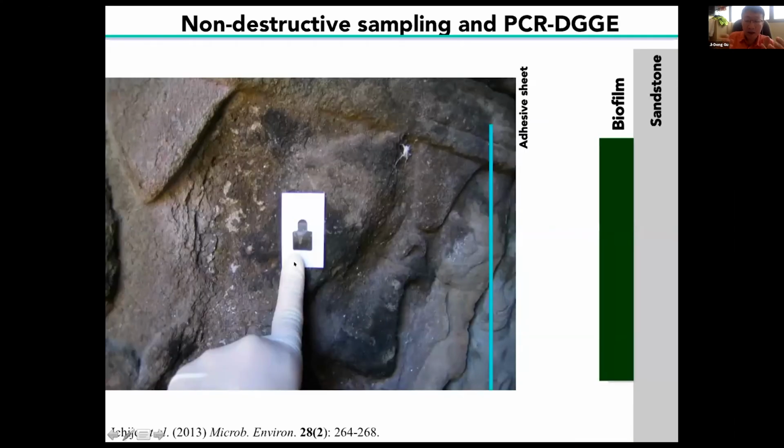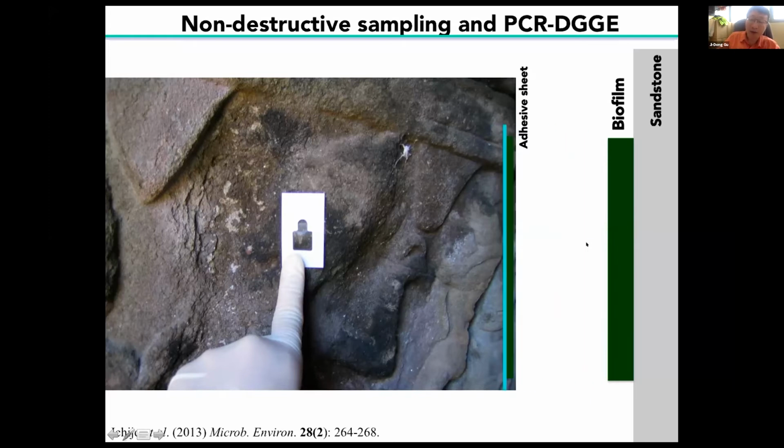So what we can do is open this device, let the adhesive part adhere on the surface of the sandstone, any sandstone. And if you look at the illustration on the right, which is a cross-section of this sampling device, push onto the biofilm, the microorganisms, then we can peel it off.